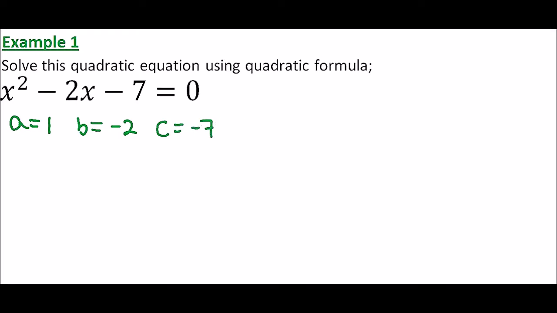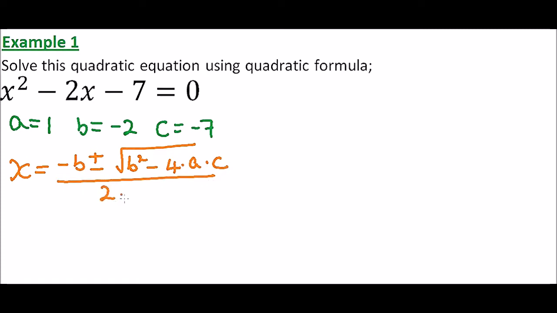We have derived the quadratic formula, and the quadratic formula is written like this. It is important you master this formula. x equals minus b plus or minus the square root of b squared minus 4 multiplied by a multiplied by c, all divided by 2a.